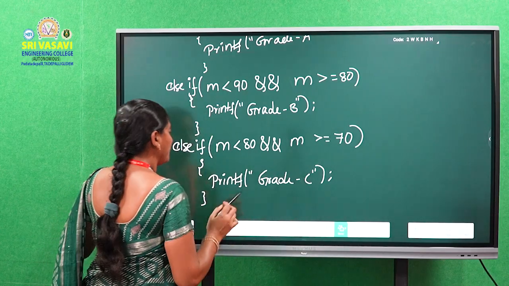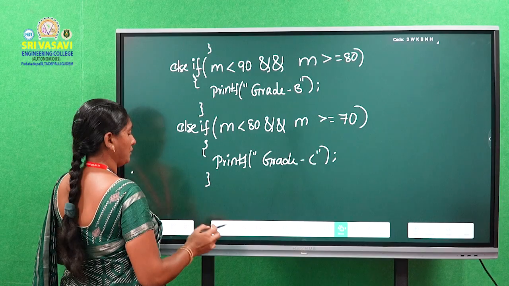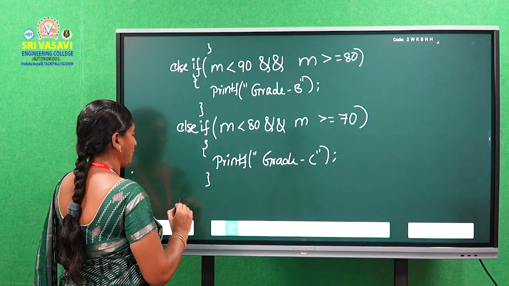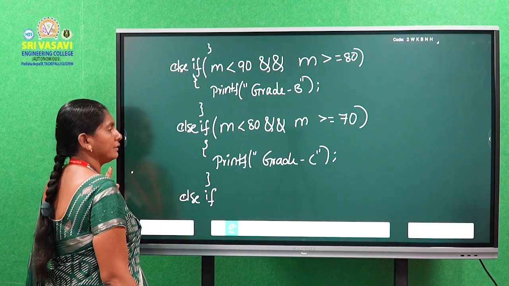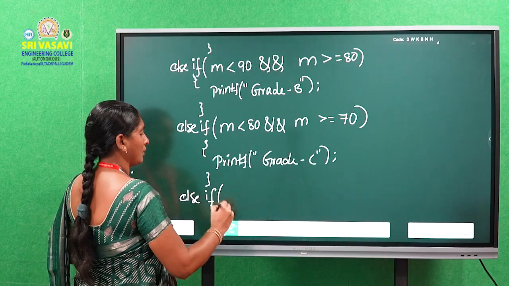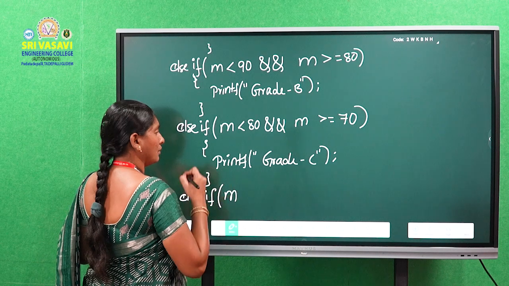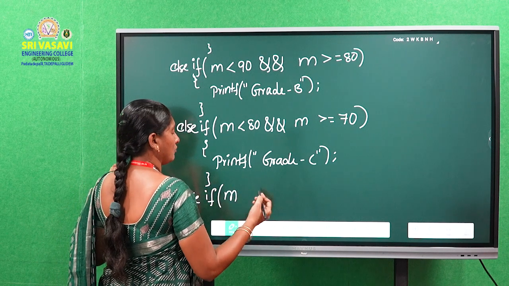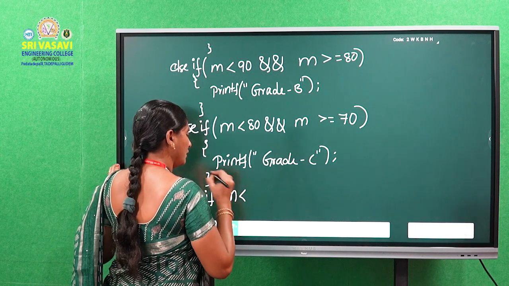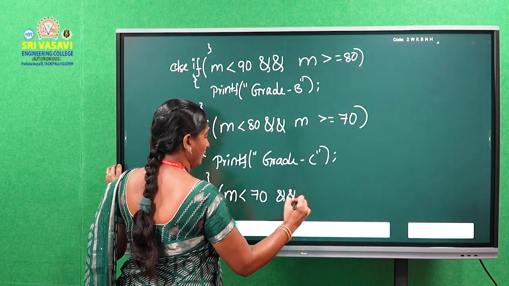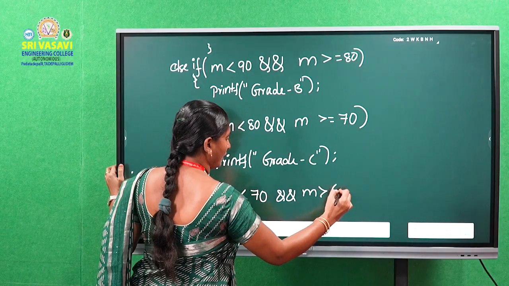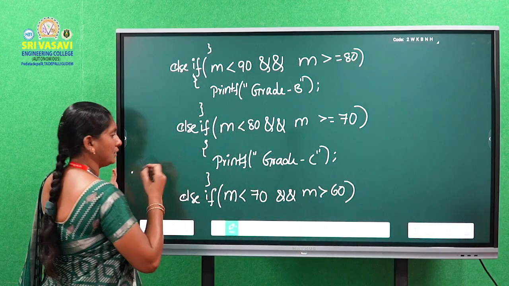Suppose this condition also fails, that means the student has secured marks less than 70. Then I am checking one more condition, whether his marks are less than 70 and greater than 60. What does it mean?